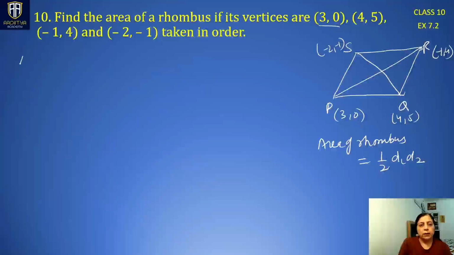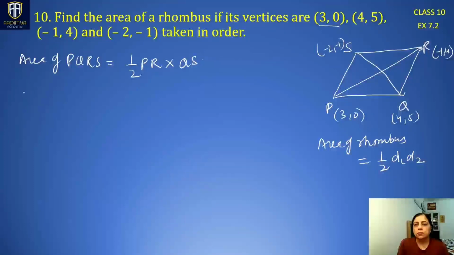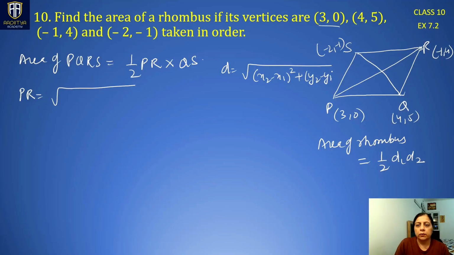For that we can write the area of rhombus PQRS becomes half of diagonal PR multiplied by QS. So here we have to find these diagonals first. That means distance PR is found by the distance formula. Distance formula is root of x2 minus x1 whole square added to y2 minus y1 whole square.